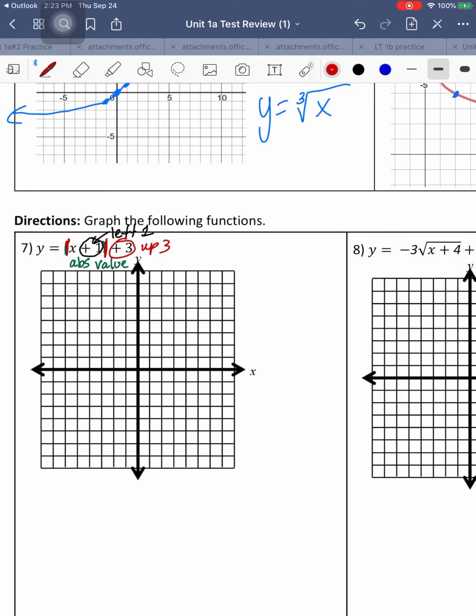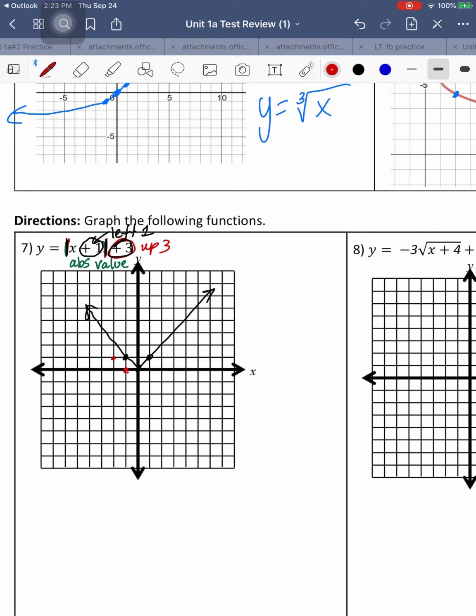Now we just got to put all these together from the parent function. So the parent function, 0, 0, 1, 1, -1, -1, V-shaped. I'm going to start with left. Start with the order of operations. So we're going to go left 1 first, and then up 3.